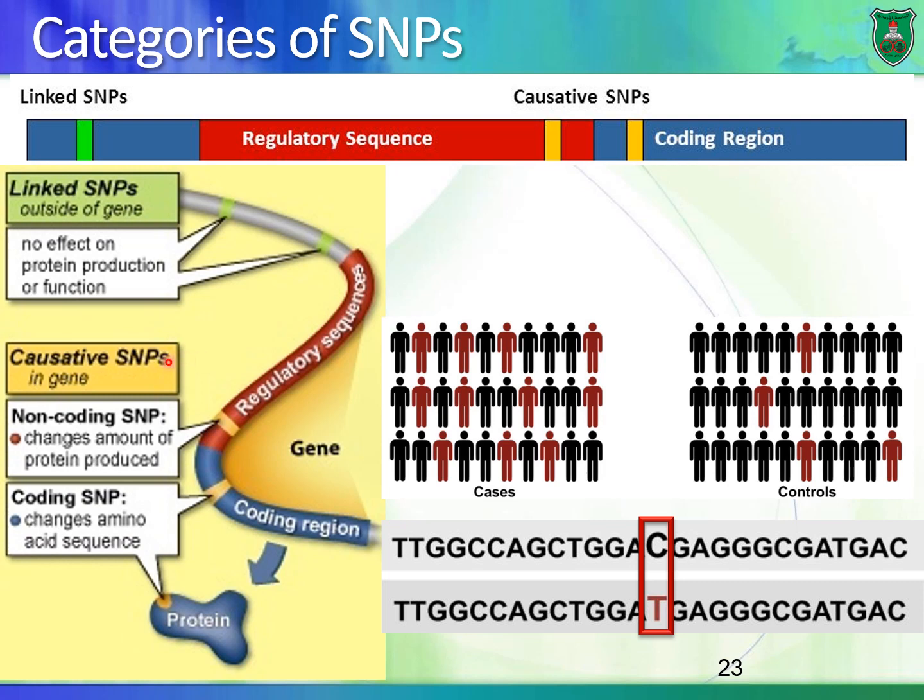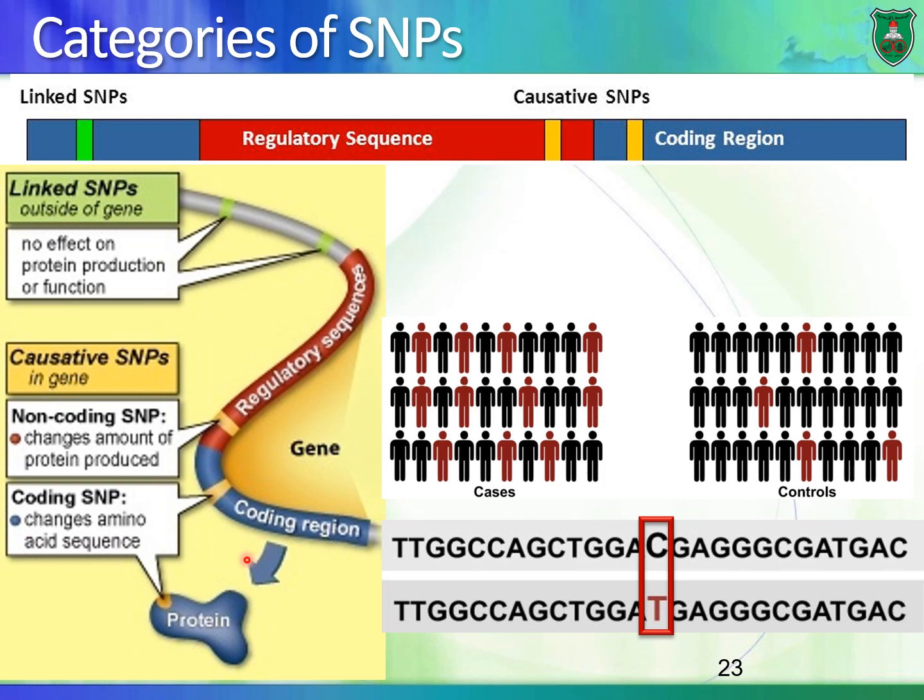So causative SNPs can be located in non-coding regions, and we call them non-coding SNPs. They can be located, for example, in the promoter region. They can be located in a regulatory sequence, meaning a sequence of DNA that regulates, for example, gene expression, protein production. Or SNPs can also be in the coding region. So they exist in the DNA sequence that influences protein production, or the sequence of amino acids in a protein.